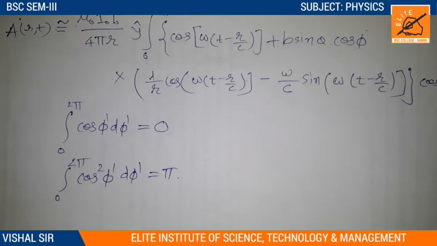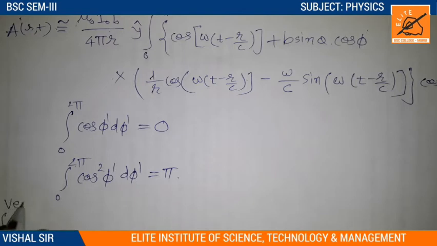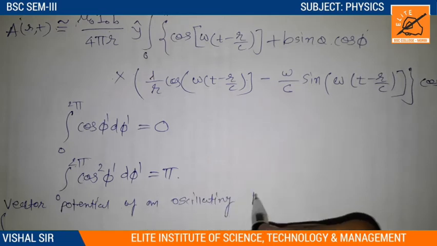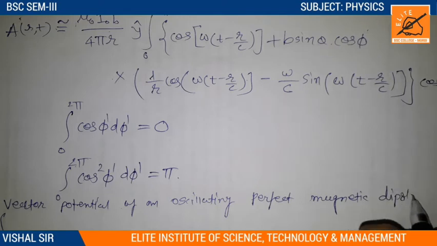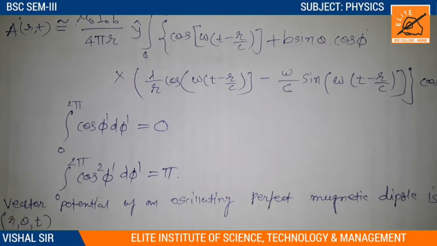So the conclusion is that the vector potential of an oscillating perfect magnetic dipole is A of r, theta, t.